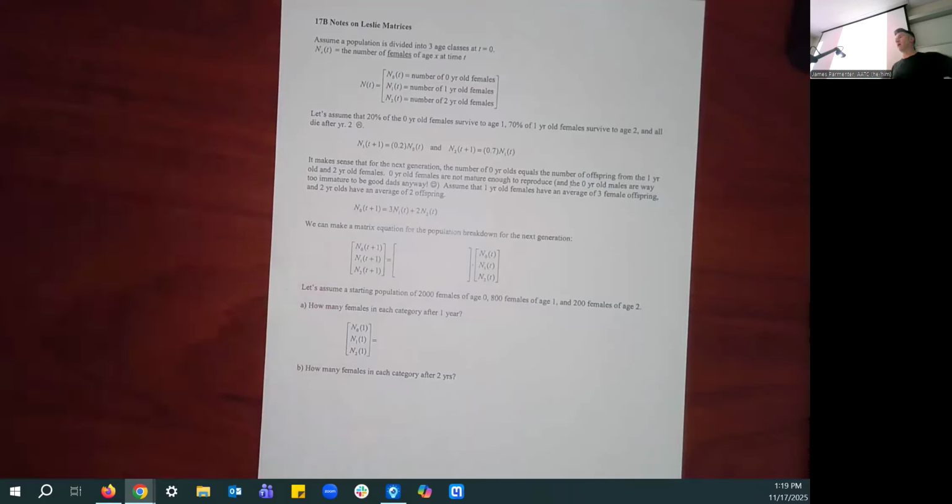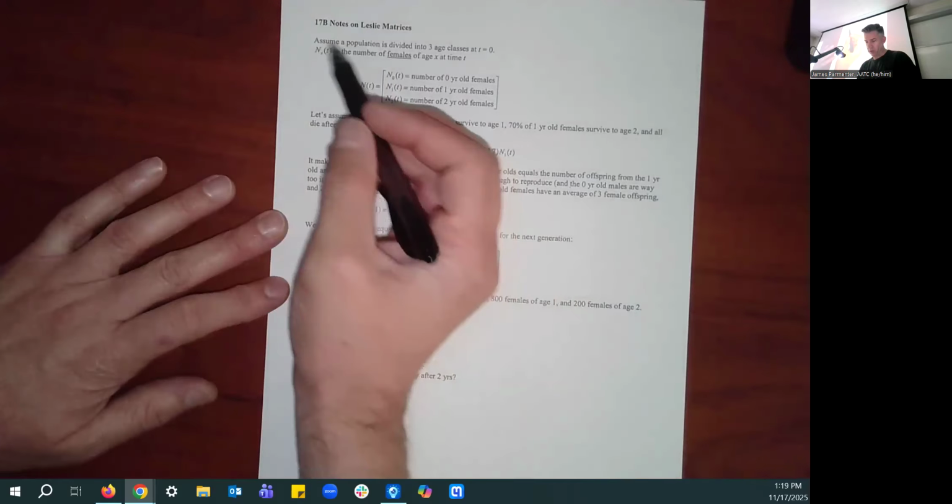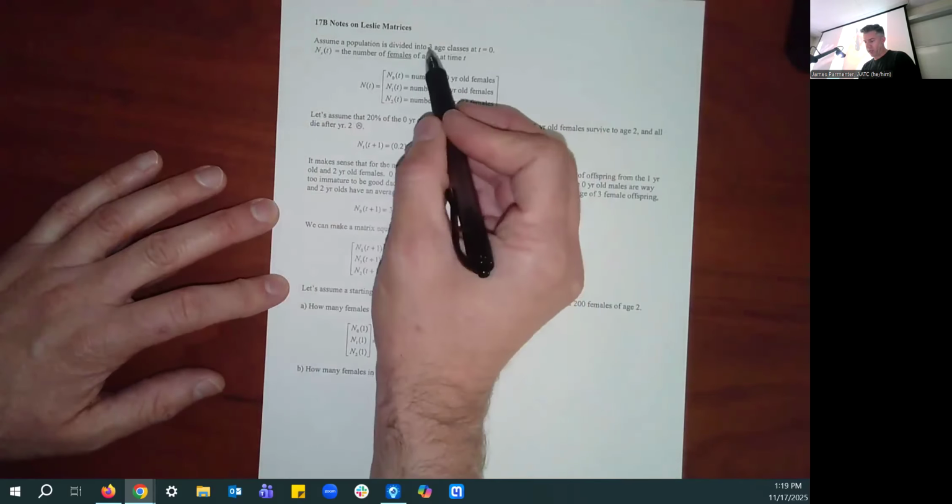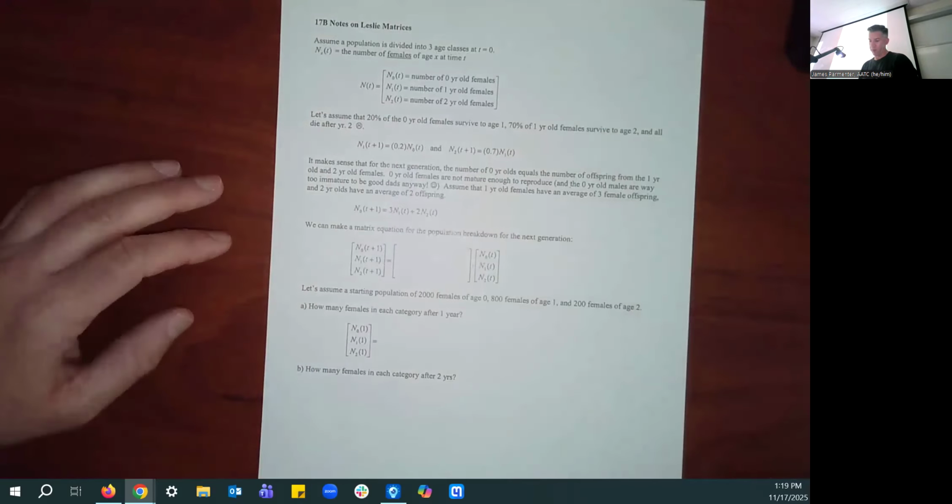So we're basically going to say we have so many of each age class at a particular time, and then we're going to ask how many of each age class we have next year, or next week, or next iteration of the time interval. So let's take a look at what we've got here. We're going to assume a population is divided into 3 age classes at time equal to 0.